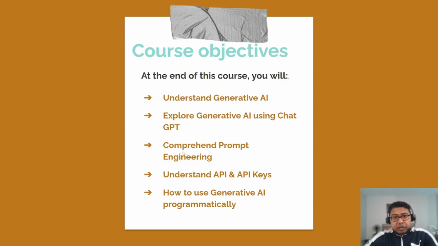We'll comprehend prompt engineering, so we'll know what prompt engineering is and how to use it. Then we'll understand the API and API keys. And ultimately, we'll understand how to use generative AI programmatically. So without wasting any more time, let's start.